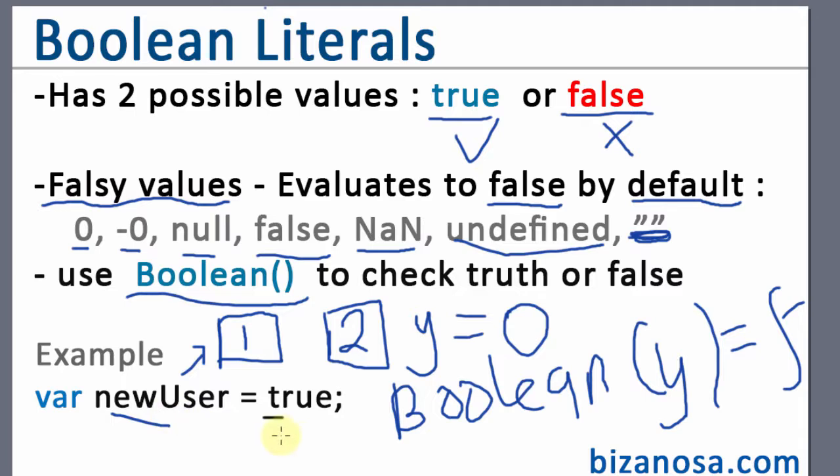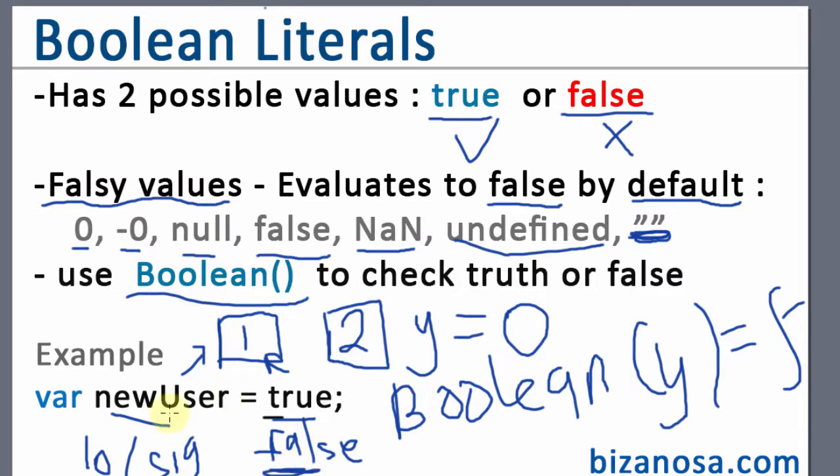The value of new user is set to true, and once they log in or they sign up, the value of the new user will be changed to false. So if somebody comes in and the value of new user is true, they are taken to page 1. And as soon as they log in, in your code you'll add that the new value for new user will now be false.